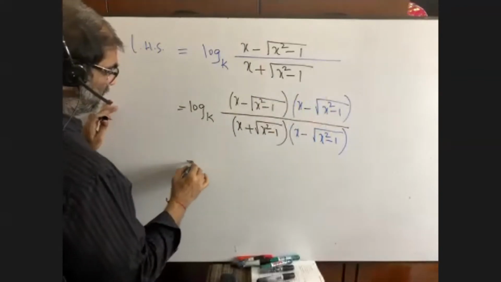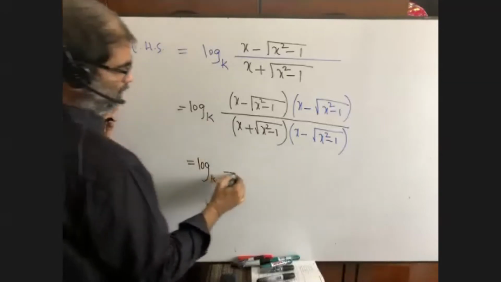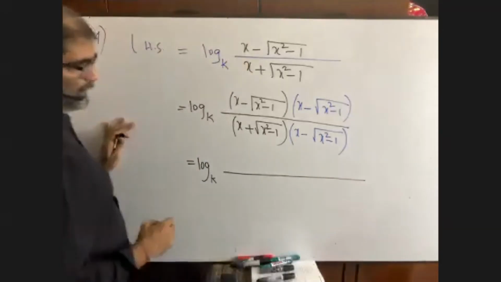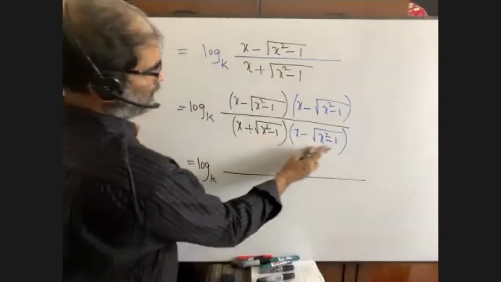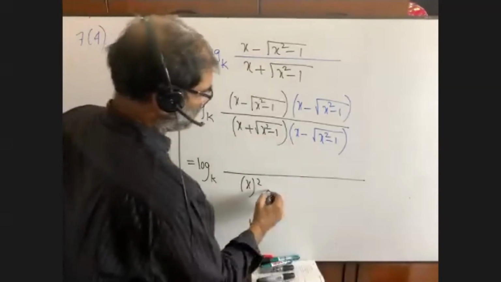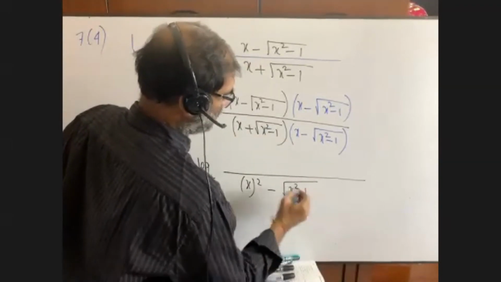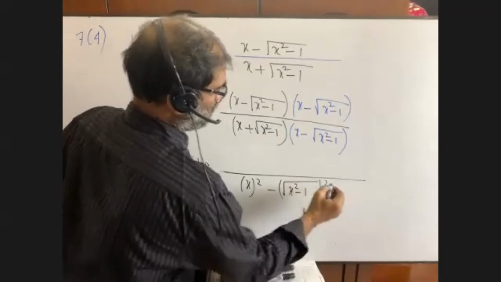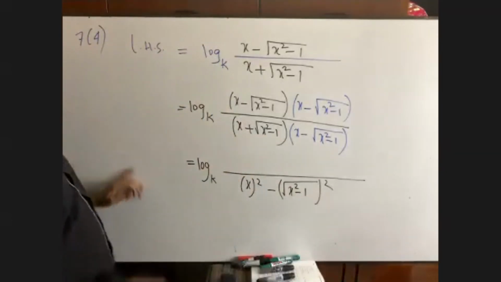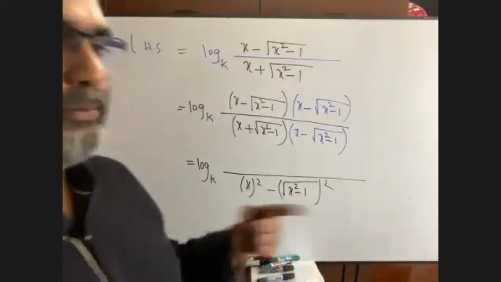That is, we are getting here log k. It is a plus b, a minus b, that is a square minus b square. Have you seen it? A square minus b square.